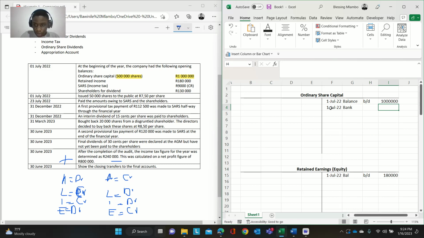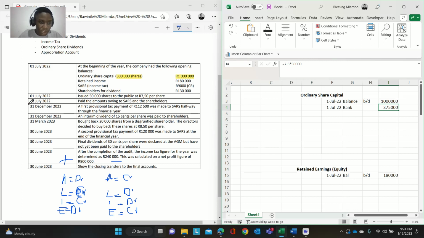And then I'm gonna skip this column, and I'm gonna say, so the amount they invested in the company, which shareholders invested through buying shares, is 7.50 per share times the 50,000 shares. So in total, the shareholders injected this much money in the company, which is 50,000 times 7.50.